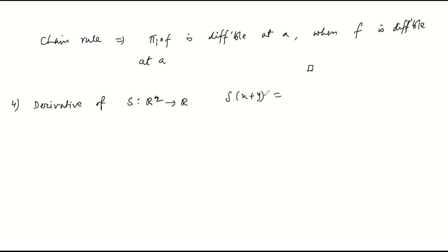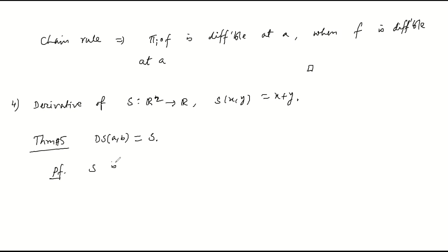This is simple. Theorem 5: S is differentiable at every point (a, b) in R2, and the derivative of S is equal to itself. Proof: S is linear.